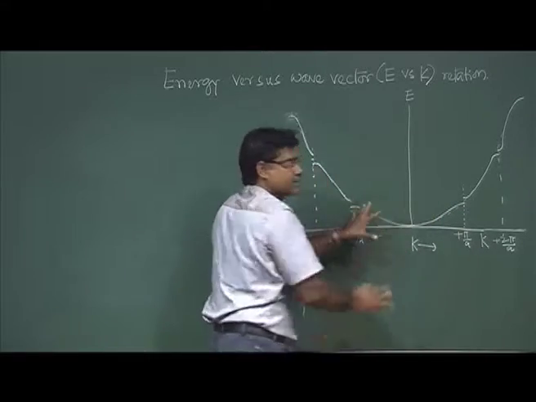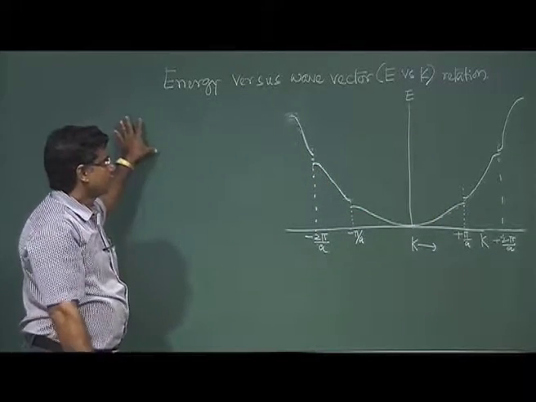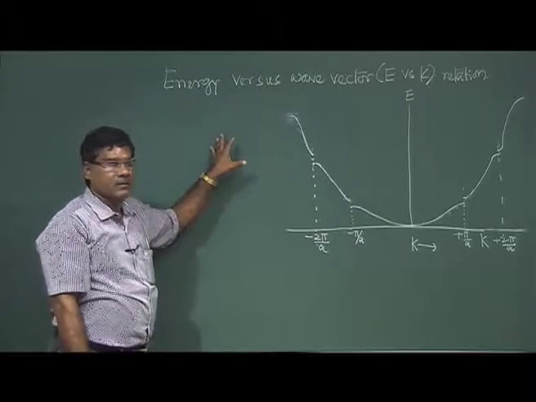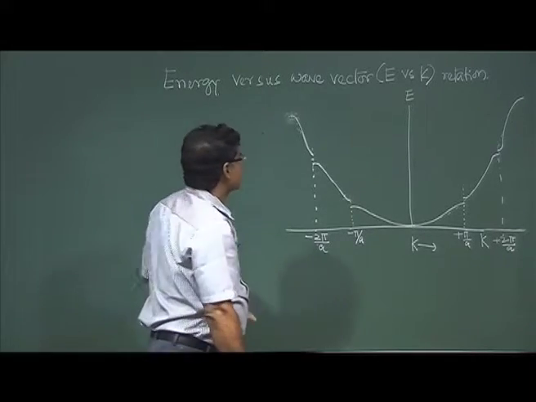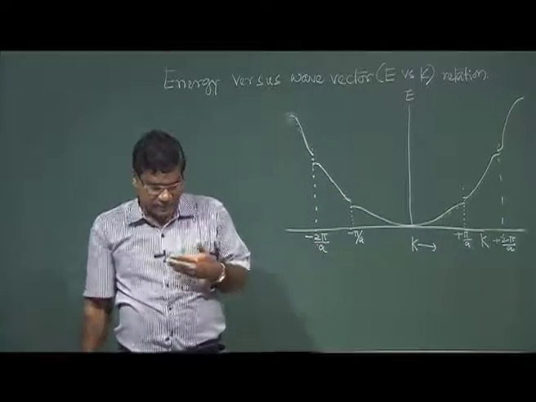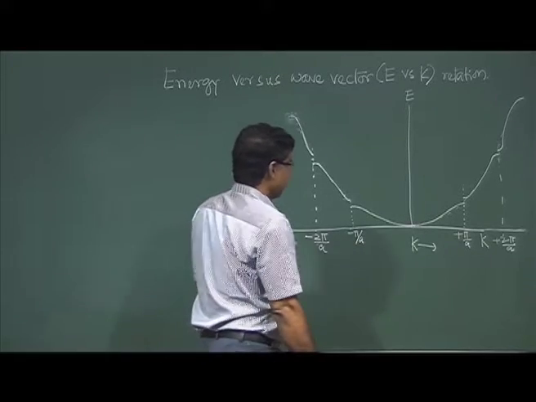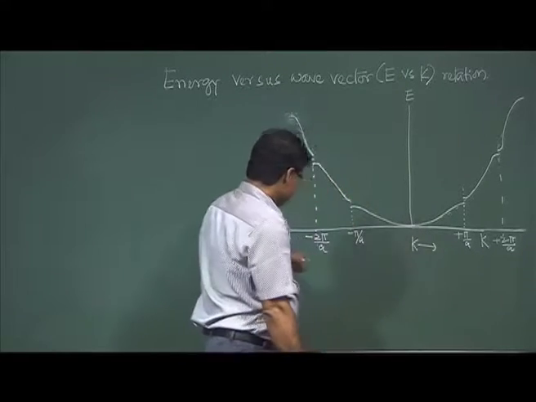So, that picture has come out from the Kronig-Penney model, which is considered for the electrons in a lattice, an electron in a crystal.